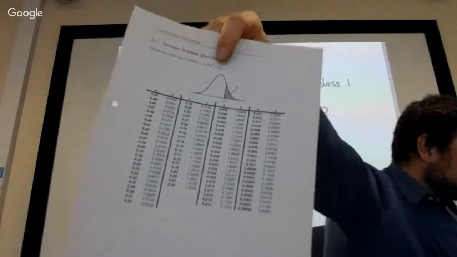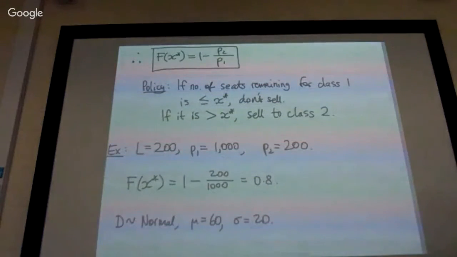I think you have to multiply 0.8416 by 20 and then add 60 or something like that. Is that right?